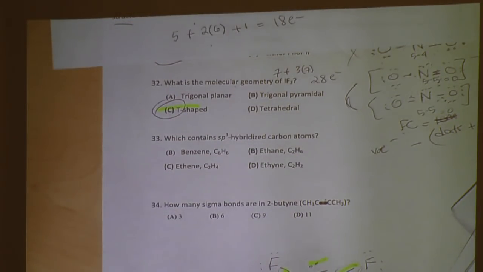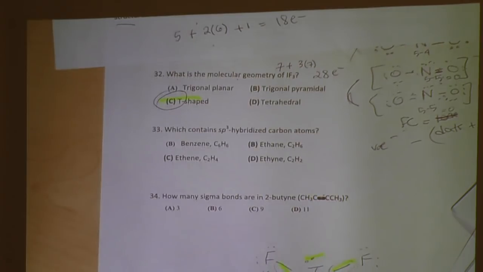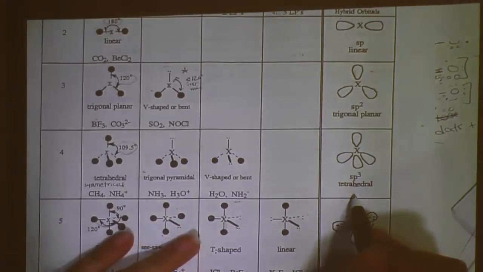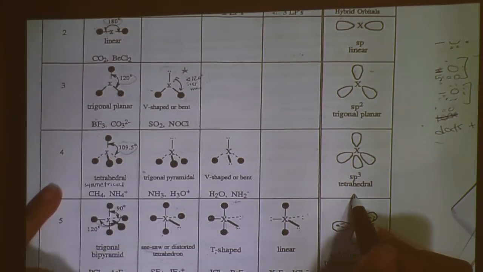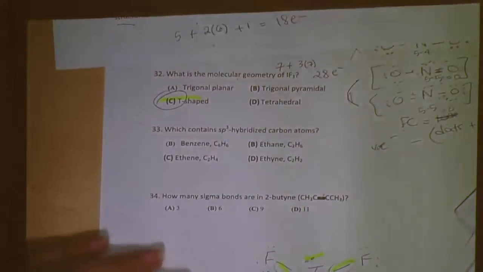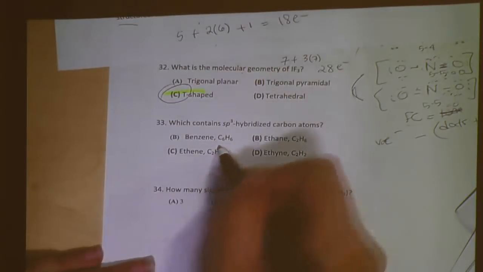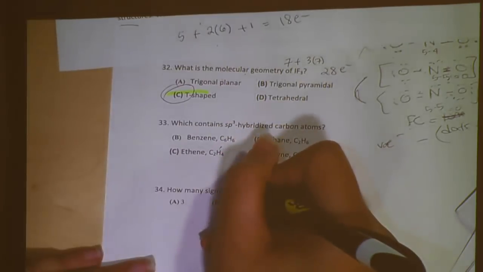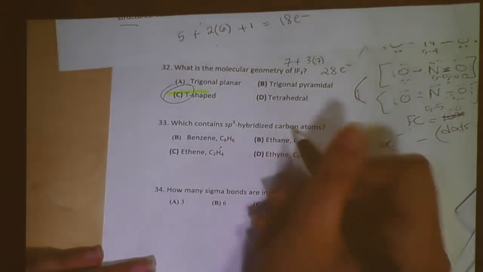Okay, which contains sp3 hybridization carbon atoms. sp3 hybridization is ones that have basically 4 bonds around the central atom, or 4 electron density areas, because it could be bond pairs or lone pairs. So benzene, C6H6, it's asking for the carbon atoms.